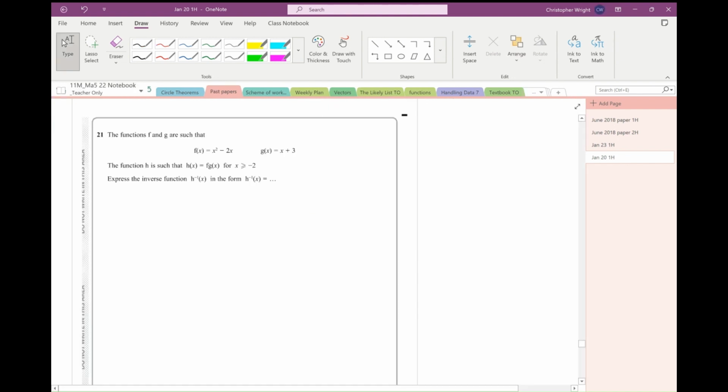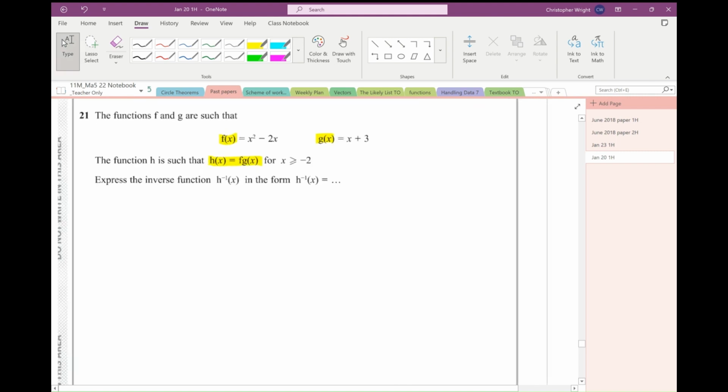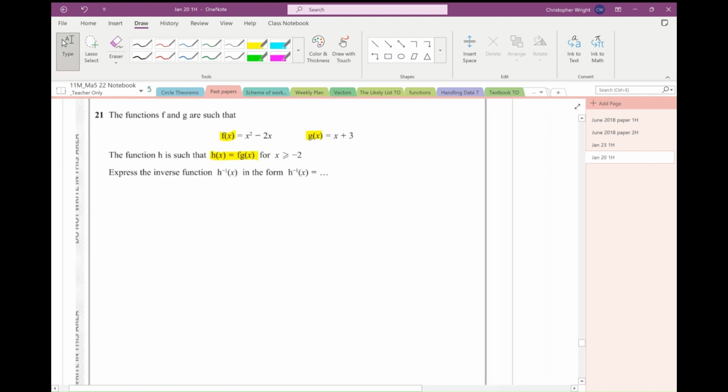Okay, so we've got 2 functions, f of x and g of x, and they're both defined for us here. And also h of x is defined as being f of g of x. And we're asked to find the inverse function, h to the minus 1 of x. Okay, fine. Let's start off by finding h of x. h of x is f of g of x.